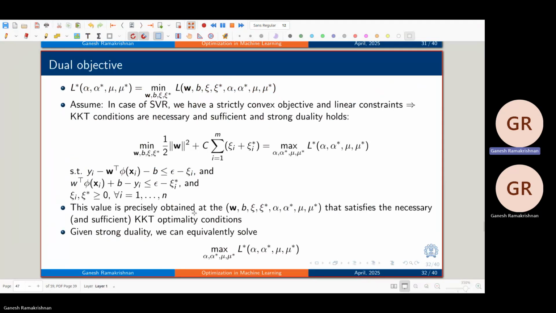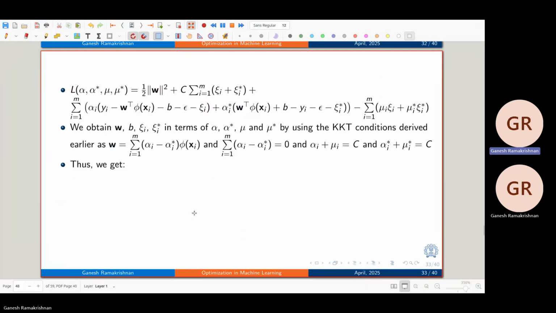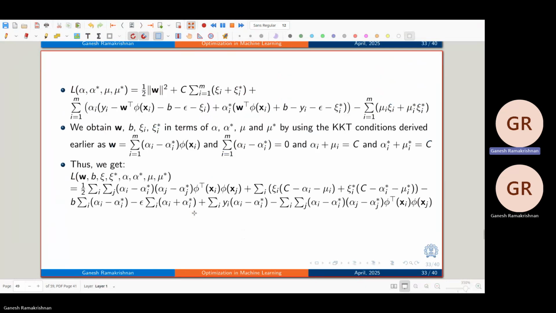When you substitute them, you'll get this little complex thing. So you'll have phi transpose xi, phi xj into alpha I minus alpha I star, alpha j minus alpha j star, and so on. What is interesting is you can now start operating only in terms of dot products. Everything is in dot products. B will be in terms of dot products. The solutions are in terms of dot products.